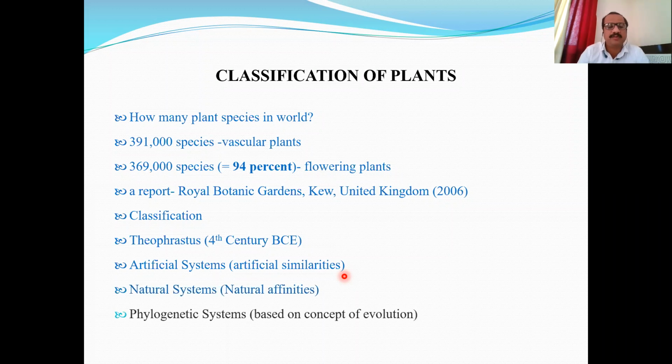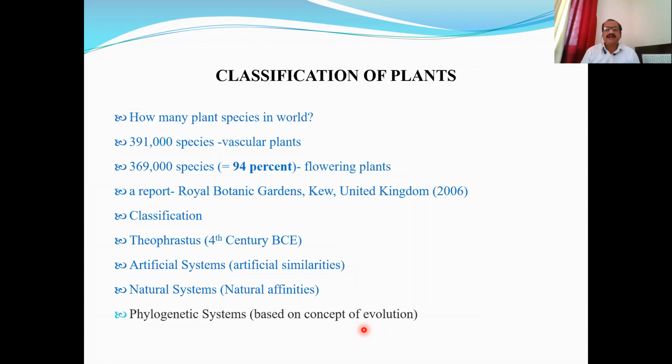Then there is one more system called the phylogenetic system of classification. This system, in addition to the natural system, is based on the concept of evolution, which was proposed by the scientist Charles Darwin in the year 1859 in his book Origin of Species.